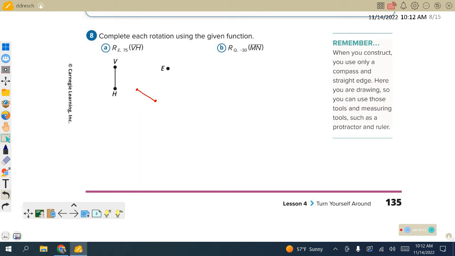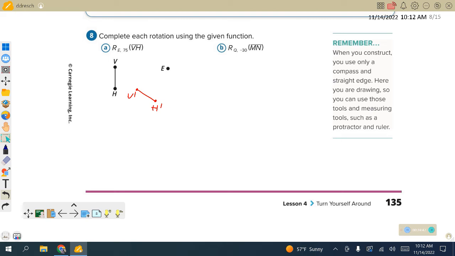Now, another thing too, when I rotate that 75 degrees, this point is going to be H prime, because which one was the line leader there? H is going around first. If you said negative 75 degrees, which point would be the line leader then? V prime, right? That's what I want from you. If you can do that visual of which direction to rotate it, that's all I care about. We're not going to make anything exact. It's just not worth our time.